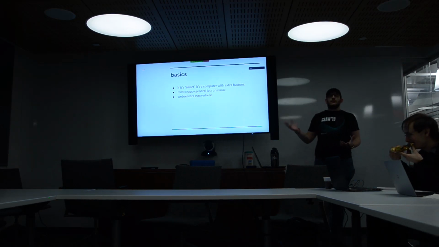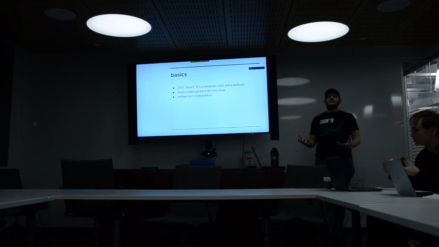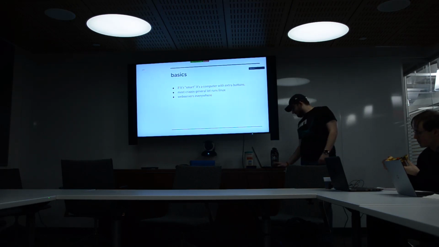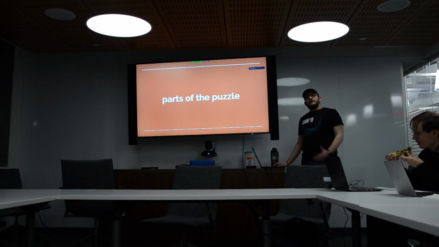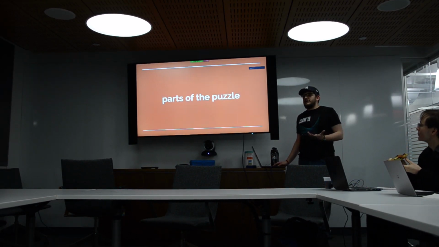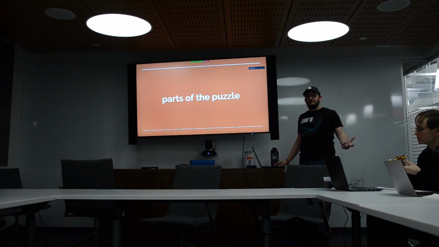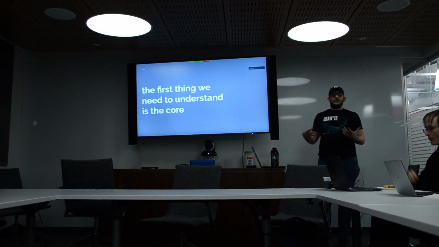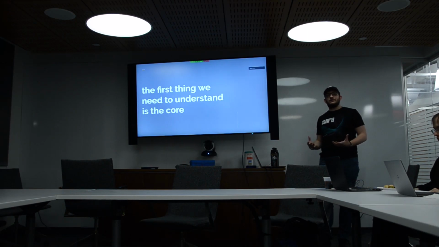And everything has a web server in it because apparently people can't think of other ways to configure things, which, to be fair, a web server is usually a pretty great way of doing configuration, but it leads to a lot of attack surface. So now we're going to talk about different parts of an IoT device and how those tend to work and what we can learn from each of them. The first thing that we need to understand is what actually does the processing on an IoT device and how that works.